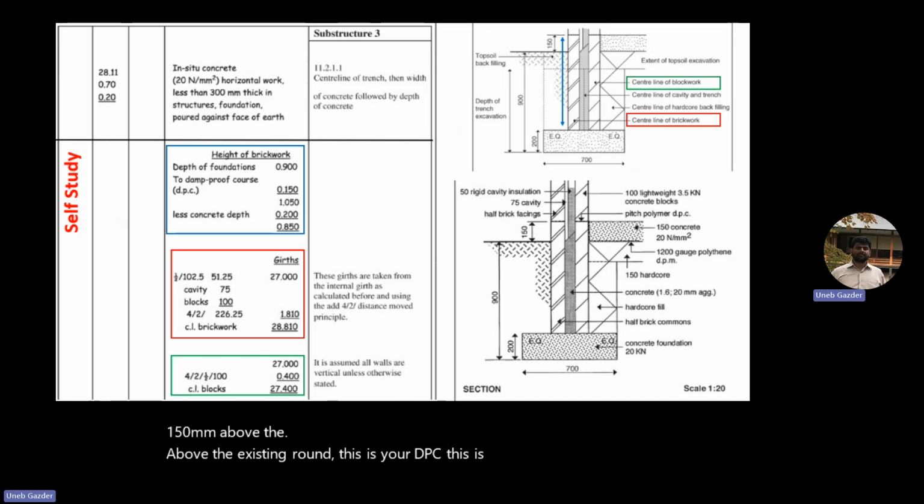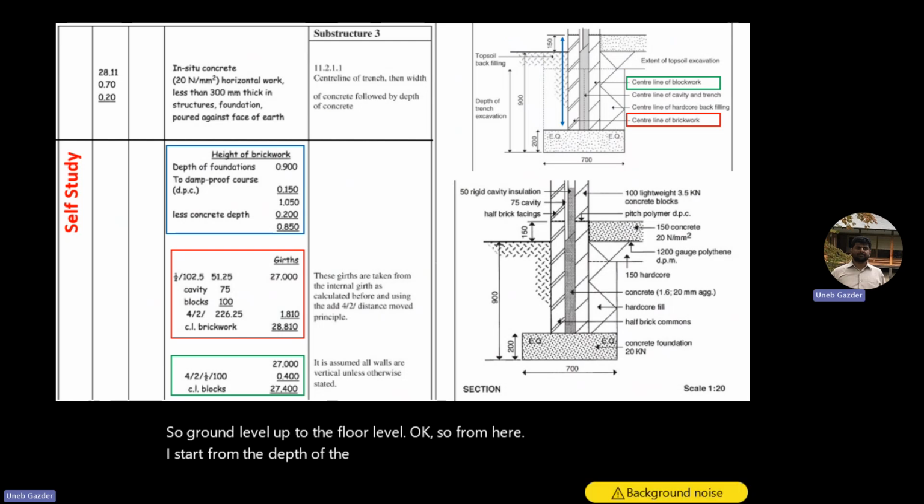This is your floor level. So from here I start from the depth of the excavation. This is my excavation level. I go up to the existing ground plus up to the floor level. Got it? Clear or not? Any problem here? No problem, right?